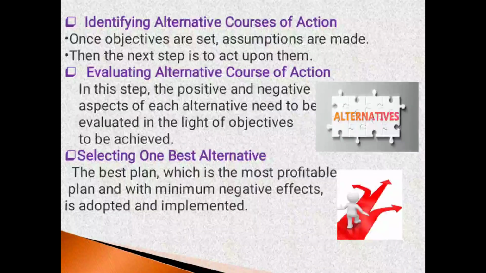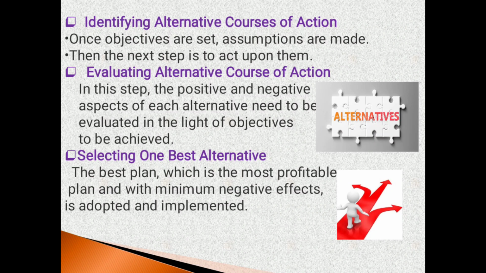And next one is evaluating alternative courses. After identifying different alternatives, the next step is to evaluate each alternative. Evaluation means the study of the performance of various actions. All the possible alternatives should be evaluated, keeping in mind the expected cost and benefit to the organization.